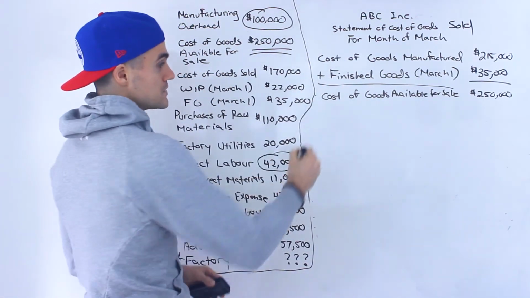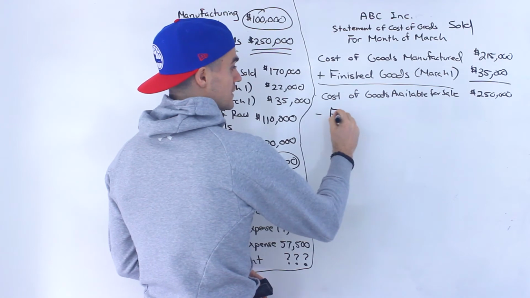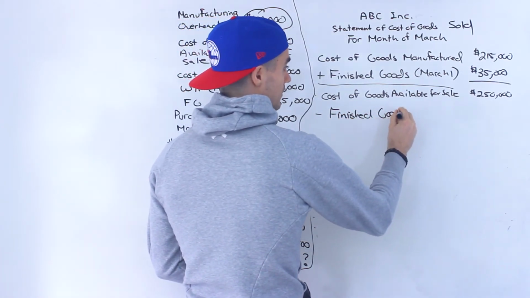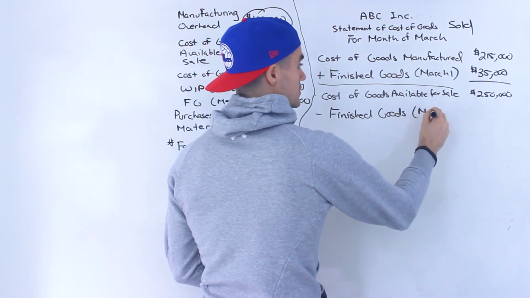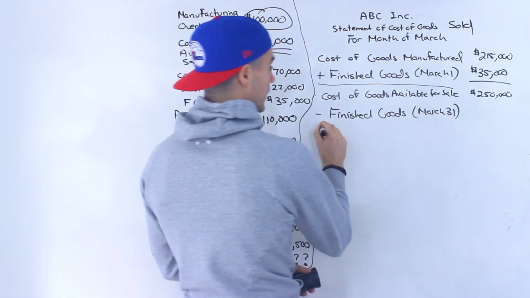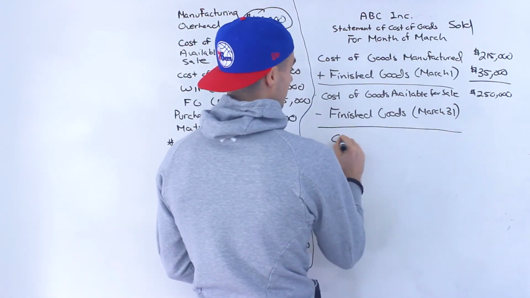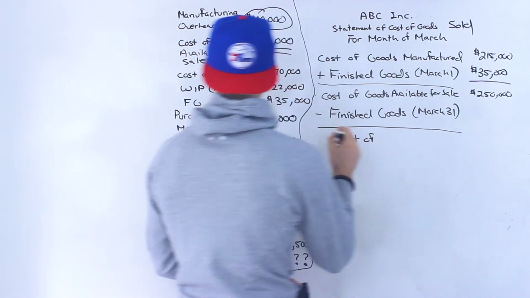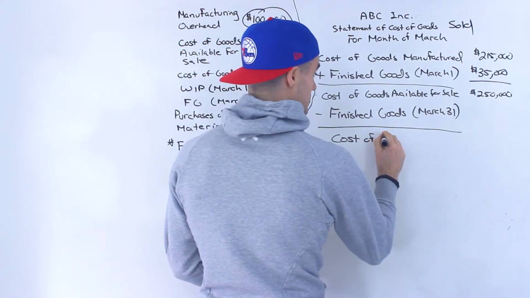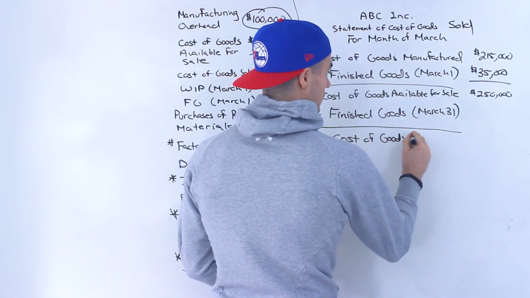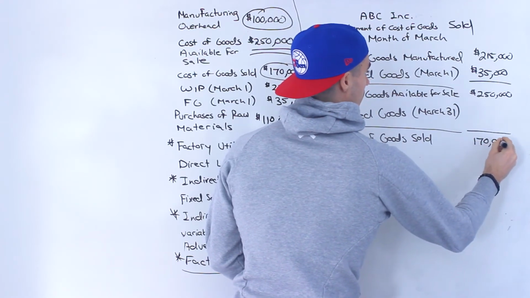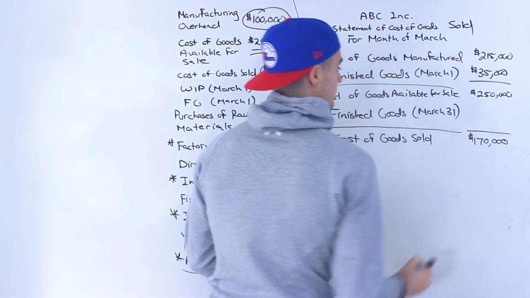And then from here, what we do is we subtract the finished goods at the end of the period, which is March 31st. But again, we're not given this number. But what we are given is actually that final amount of cost of goods sold. Right here, it was given in the question, that 170,000. So cost of goods sold is 170,000.